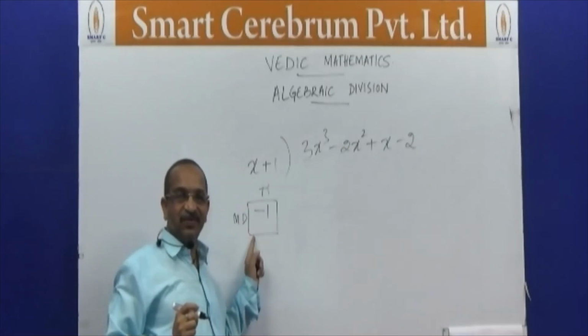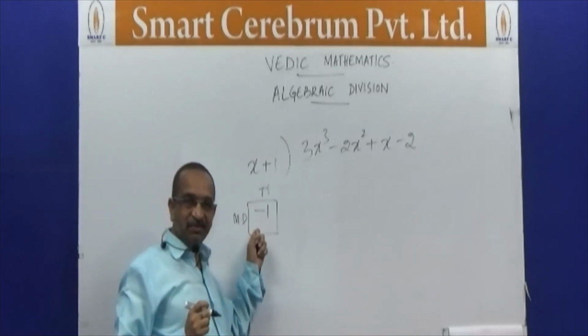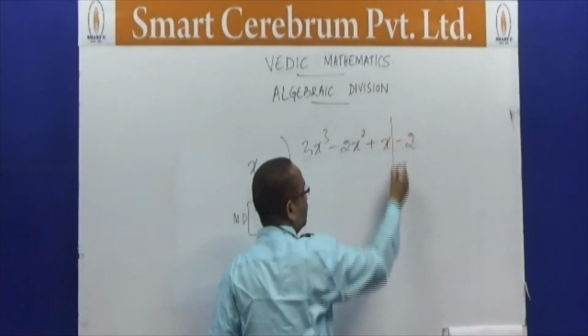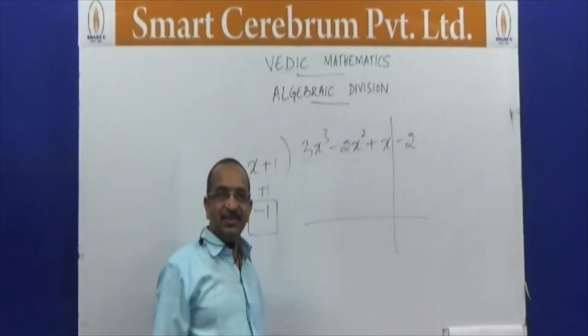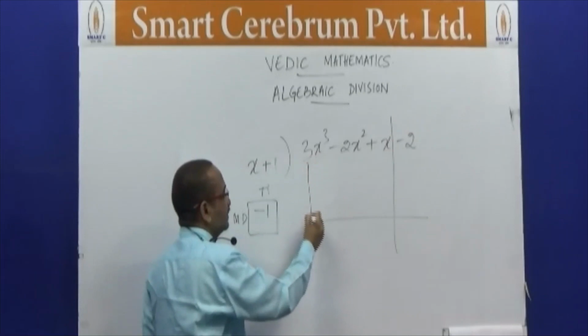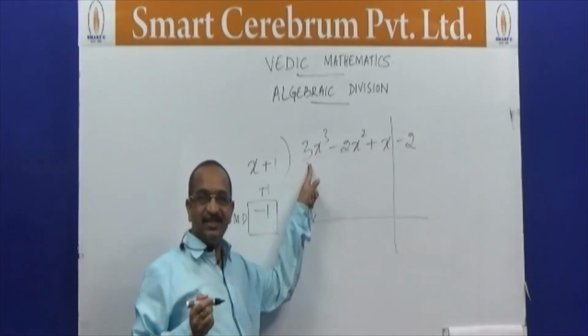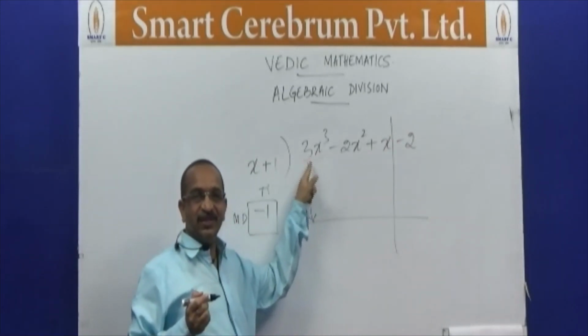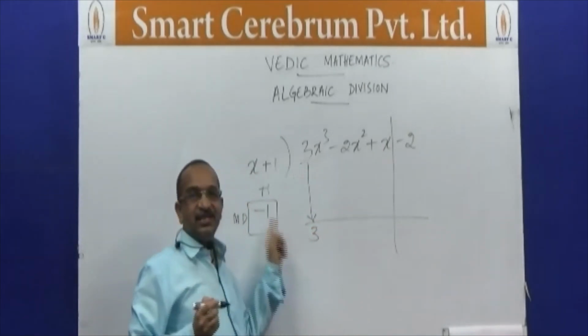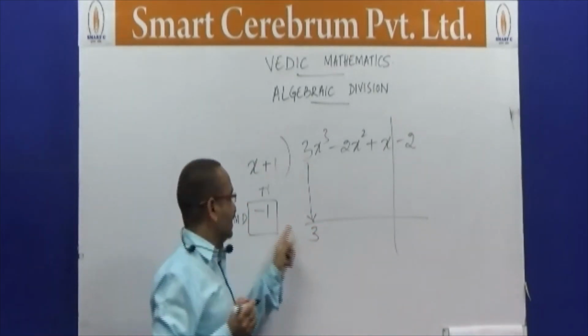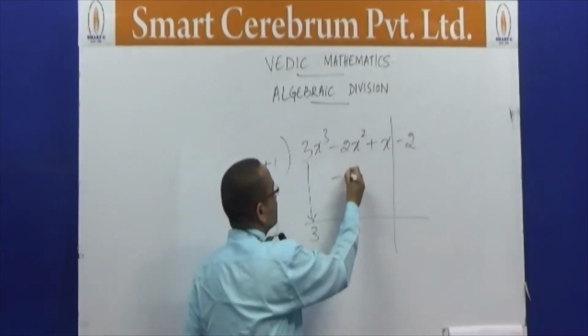Once I get the modified divisor, again I have got only one term, so just leave one term from the right hand side and put the margin. Then you take the coefficient of the highest degree, here it is x cube, and the coefficient of x cube is 3. So I just take this 3 down and multiply it with the modified divisor. That is 3 into minus 1 is minus 3.